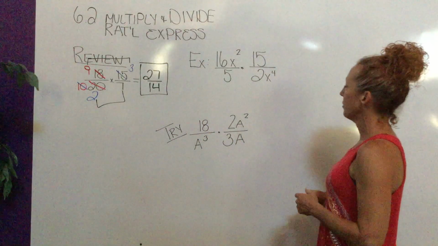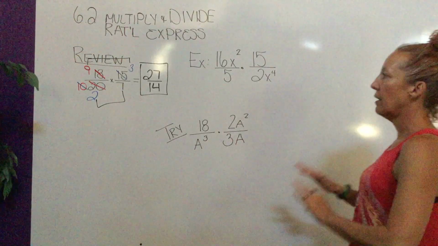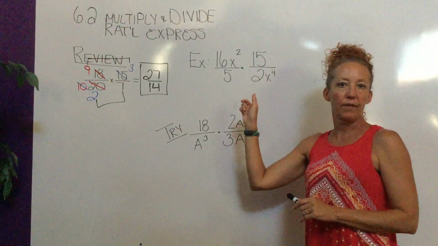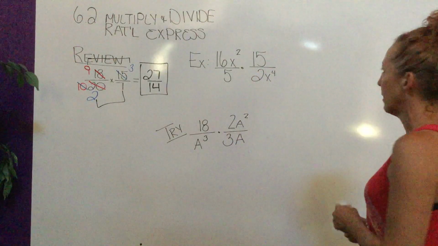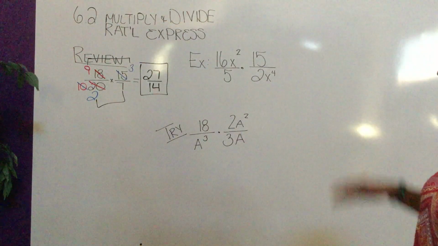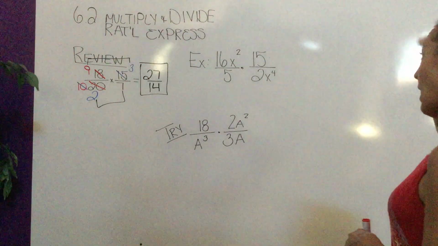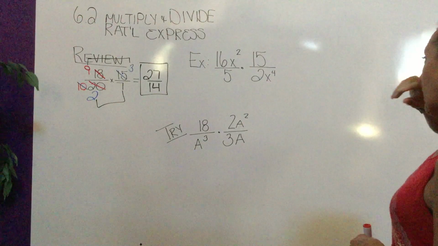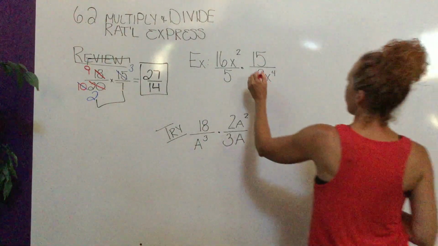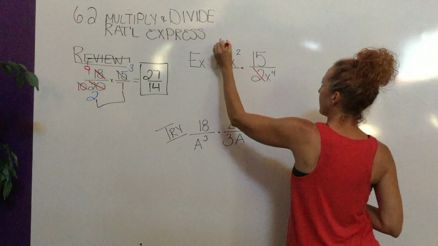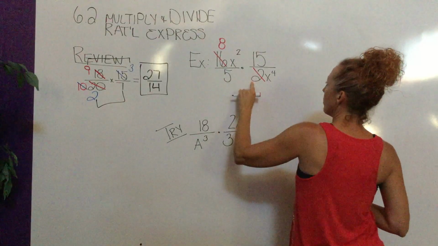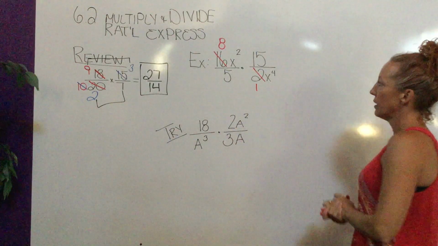So let's introduce some variables here. Nothing has changed other than the fact that I have some letters in the mix. So I can divide out top to bottom, and I can also work it diagonally. For instance, 2 goes into 16 8 times. 2 goes into itself once.